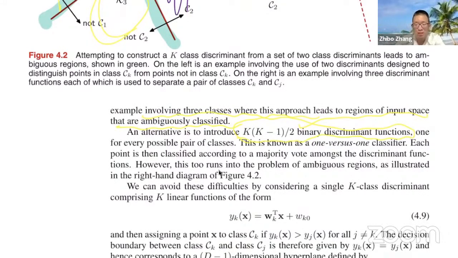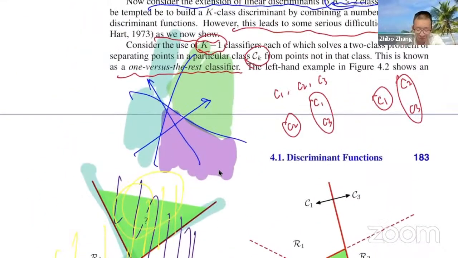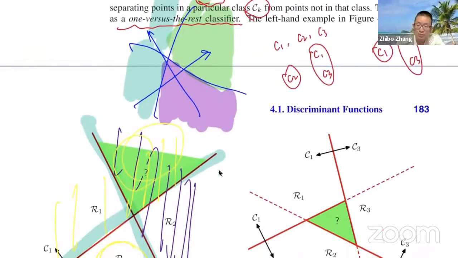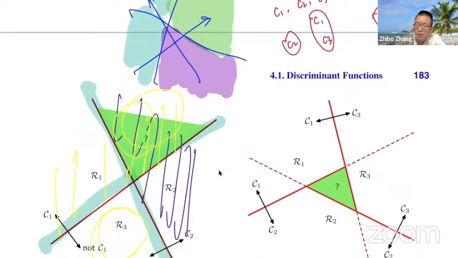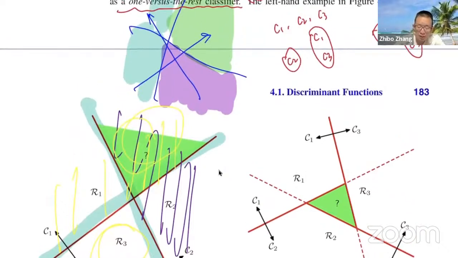What does it mean? Suppose we have three categories again, C1, C2, and C3. One classifier is responsible for dividing between C1 and C2. Another is responsible for dividing between C2 and C3.